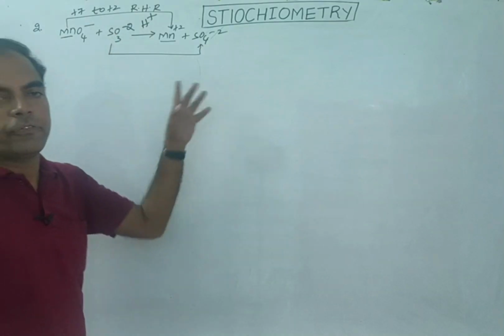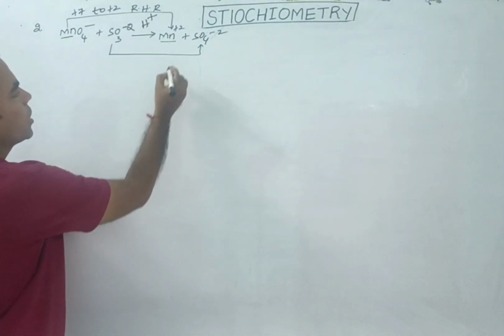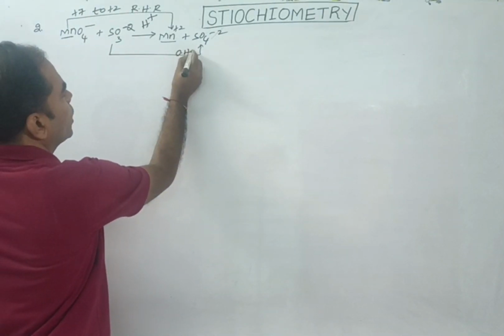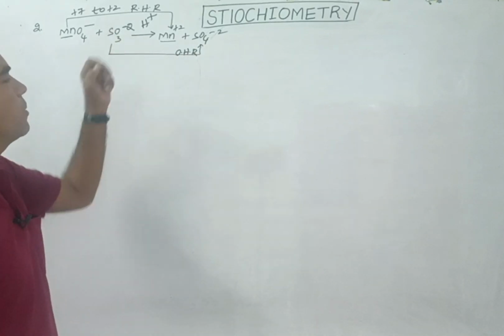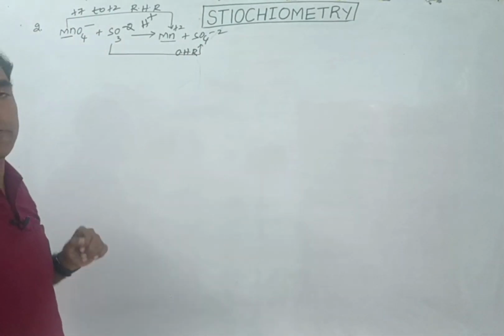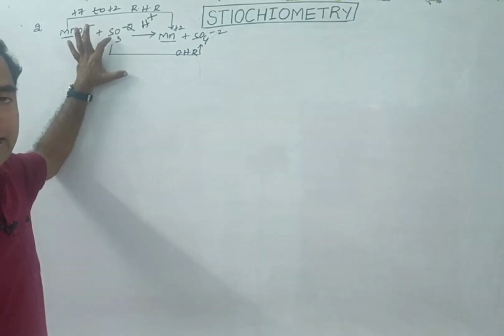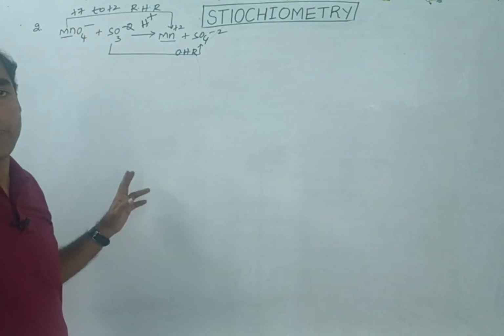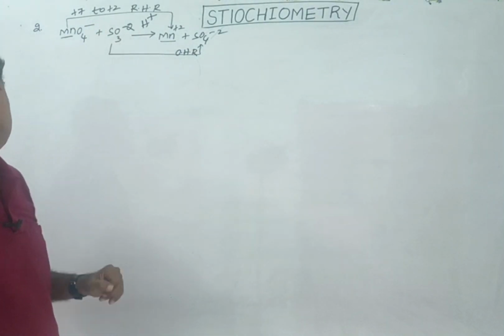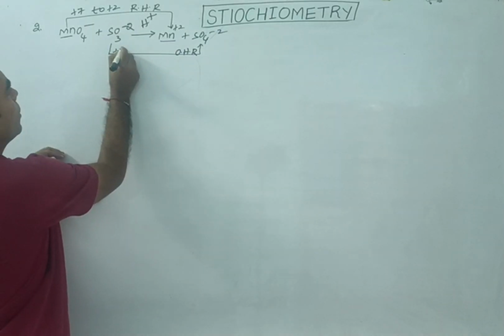The remaining half reaction is the oxidation half reaction. In SO3 minus 2, what is the oxidation number of sulfur? We don't know. Let us consider X plus 3 into minus 2. X minus 6 equals minus 2. That means X equals plus 4.